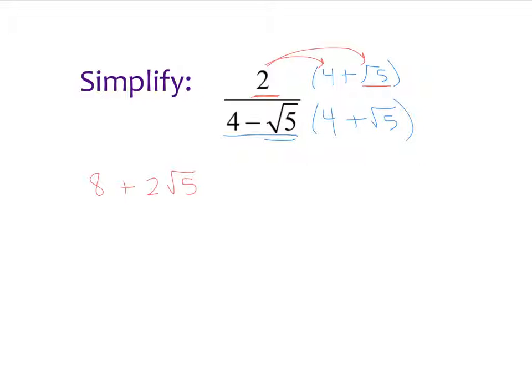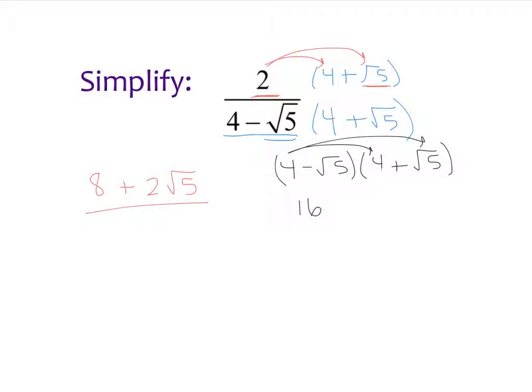And then if I look at 4 minus the square root of 5 times 4 plus the square root of 5, I am going to FOIL here, or I also could use the box method, and I'm just going to use FOIL. And 4 times 4 is 16. 4 times square root of 5 is plus 4 square roots of 5. Negative square root of 5 times 4 is minus 4 square roots of 5.